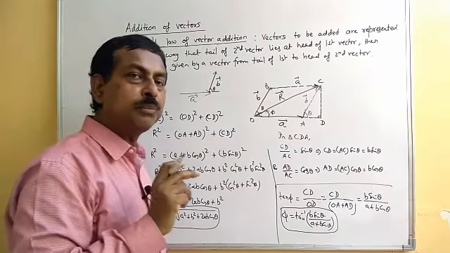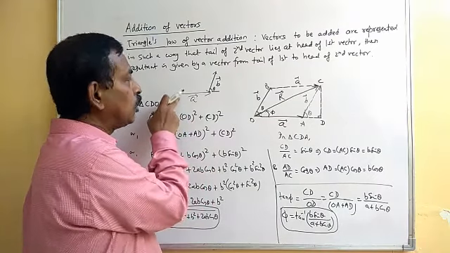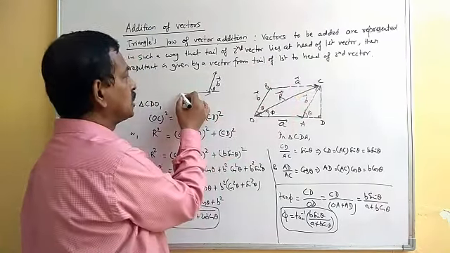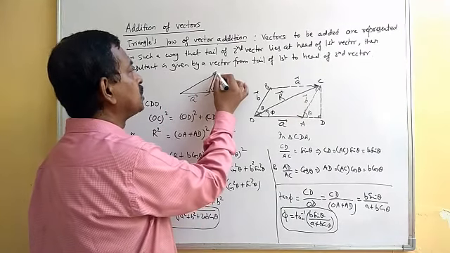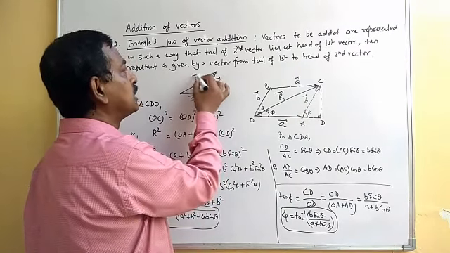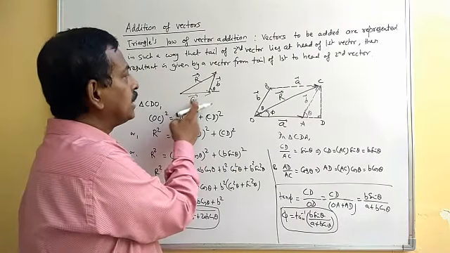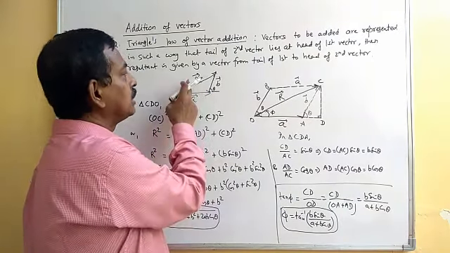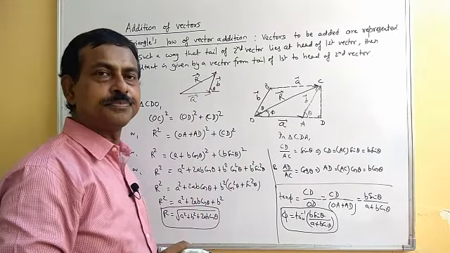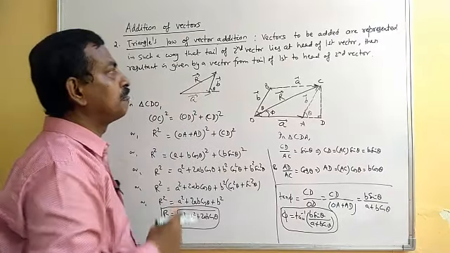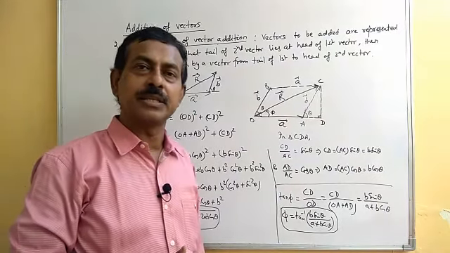The resultant will be a vector from the tail of the first to the head of the second. So this will give you the resultant vector R. So again here you will get A plus B vector given by vector R.